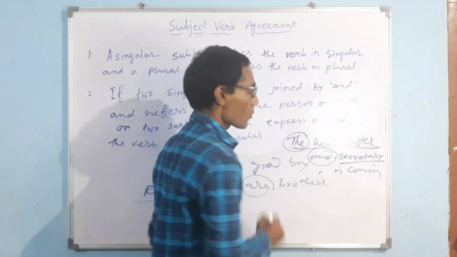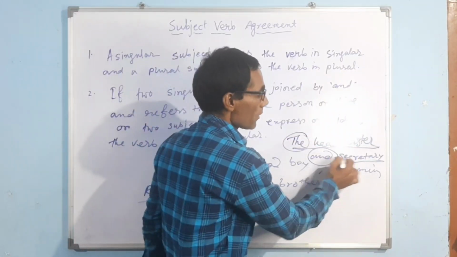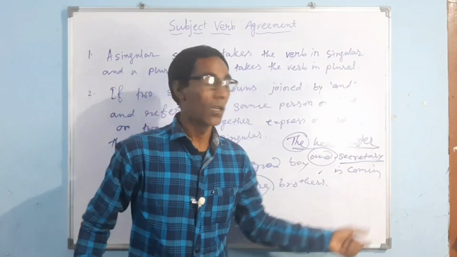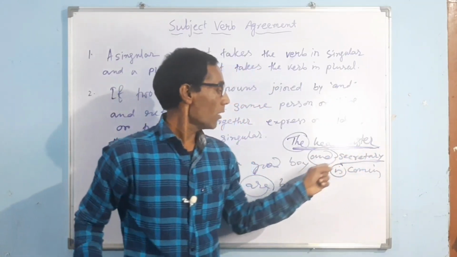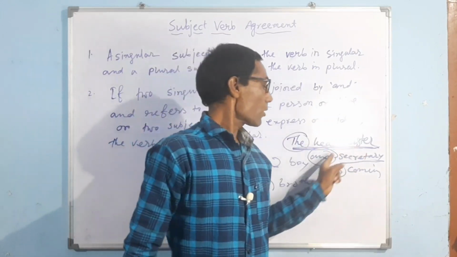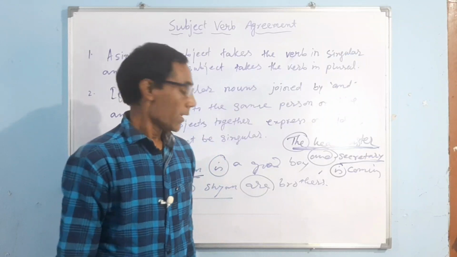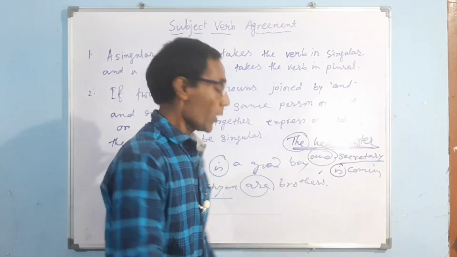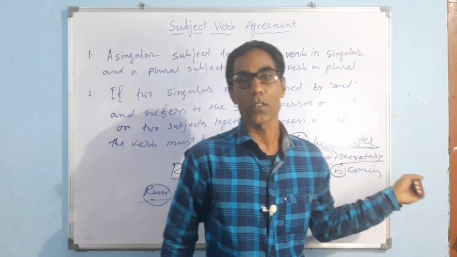Here one article is there. This way also you can recognize one person. If it were the headmaster and the secretary, in that case are coming. But here is. Two subjects are there, the headmaster and the secretary, but here only secretary. So the headmaster and secretary, you have to use is. Got it? Here, Ram and Sam are brothers, because they are indicating both different persons, but here only one person.